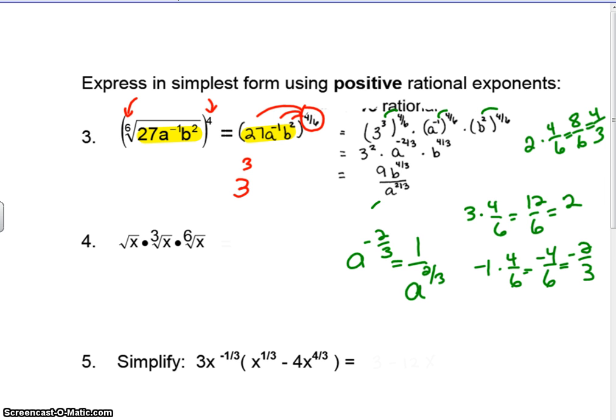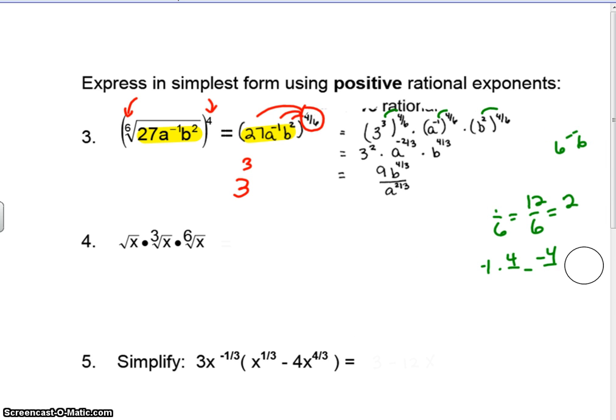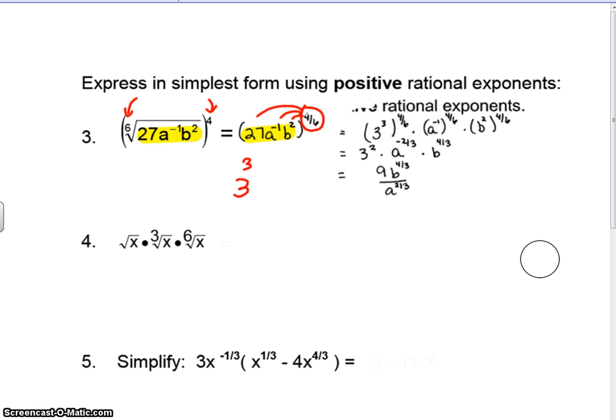That's why it's in the denominator here. And then 4 to the b to the 4/3 power. So that is the simplest form using all positive rational exponents.